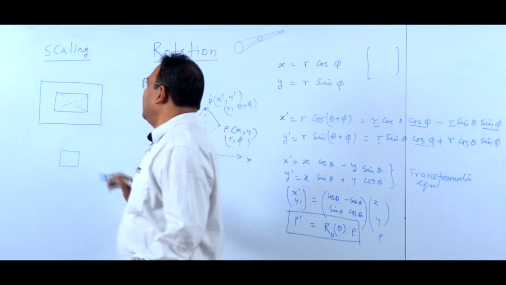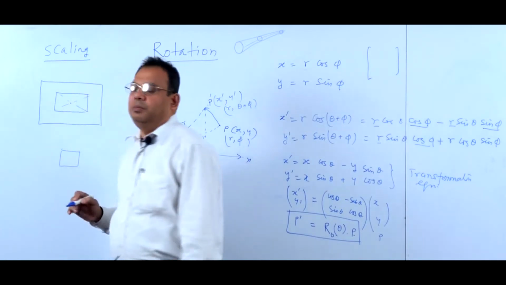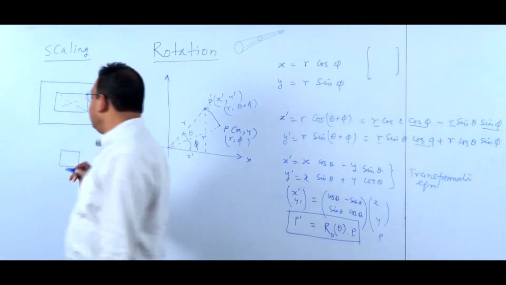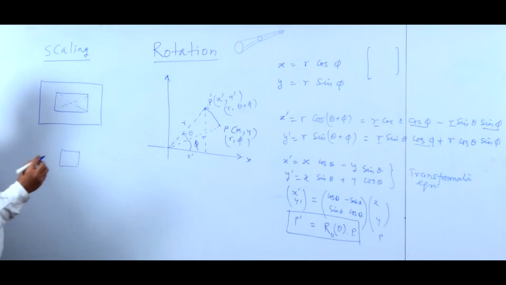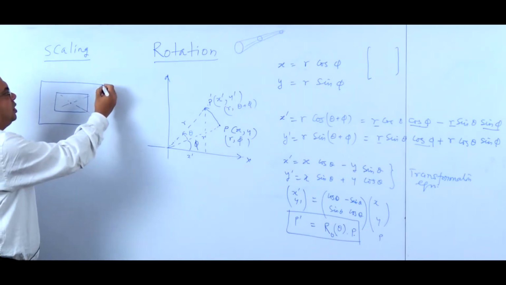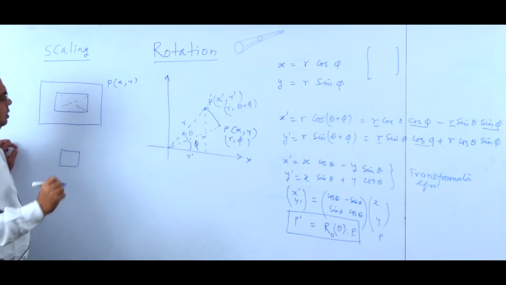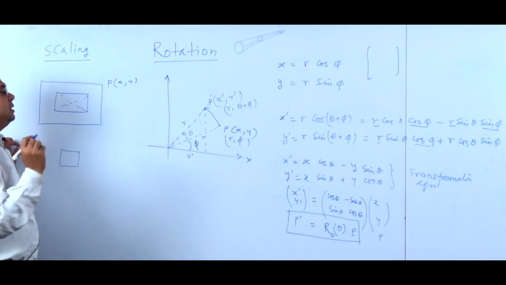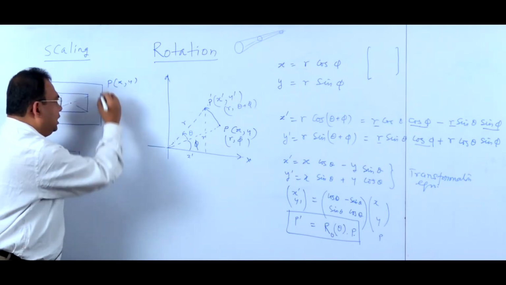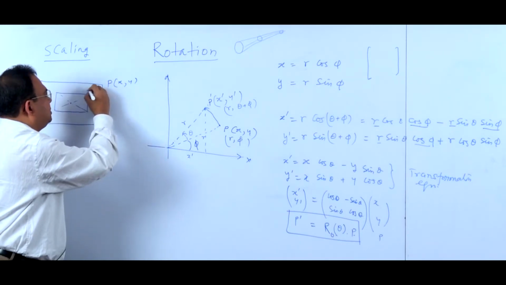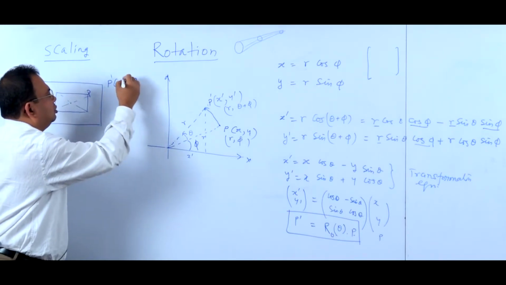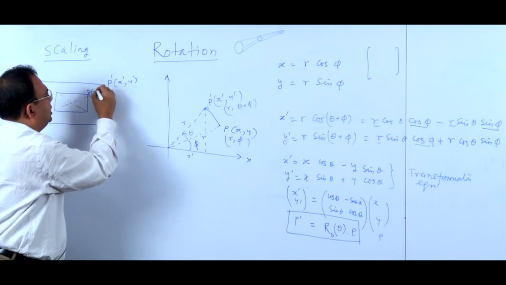Now, let us see how we can represent scaling operations. In case of scaling, again we are considering any arbitrary point P on the object. Suppose this is P and this is P dash. So P dash is x dash, y dash and P is x, y.